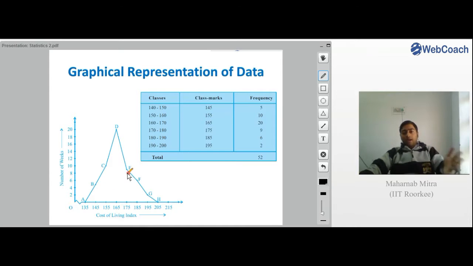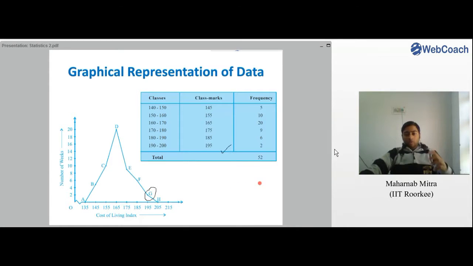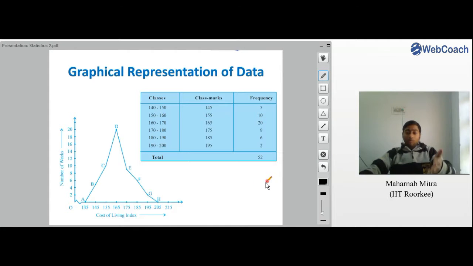And we can draw the others so on. And you can see the last point is G. The last point which we get in our table is G, which is 195. We are getting 195 as the last class mark, and we are extending it to some other point where we will have the next class mark.